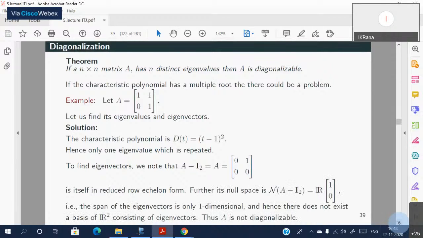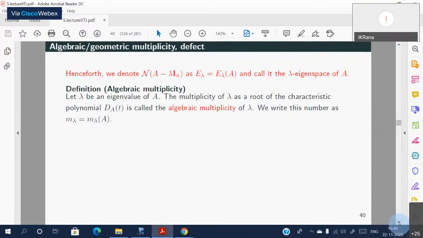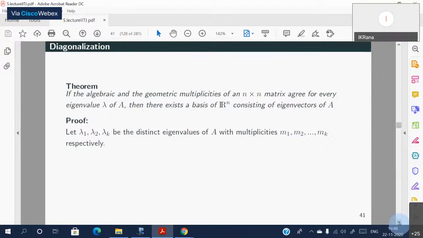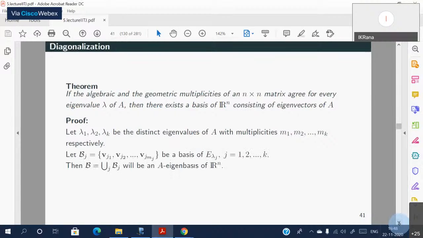That is a very nice case and a very rare case that you will have. So we have the algebraic multiplicity, geometric multiplicity, and that is the defect.